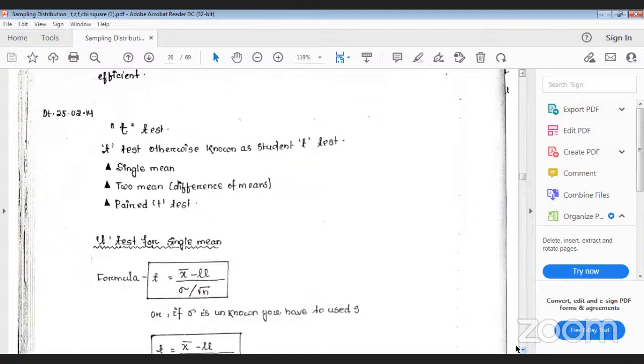If the sample size is small, then you can apply the t-test. The same method you did for the z-test, you have to do for the t-test also. But the z-test is applied when the sample size is greater than 30, and the t-test when it is less than 30. The method remains the same: t-test for single mean, t-test for two means, and paired t-test.